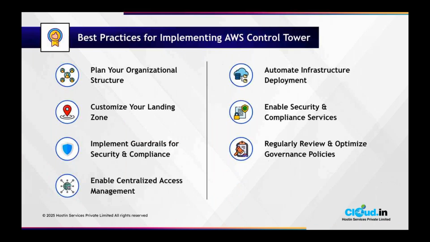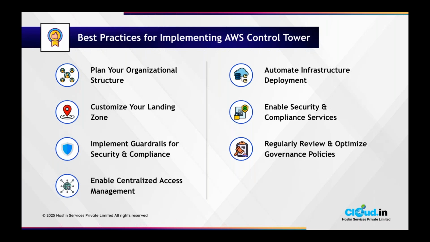Next, these are some of the best practices for implementing AWS Control Tower. Now that we know how AWS Control Tower handles security, let's discuss the best practices to make the most of it. The first one is plan your organizational structure.